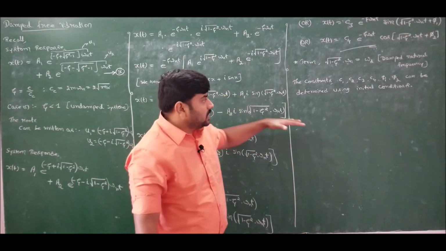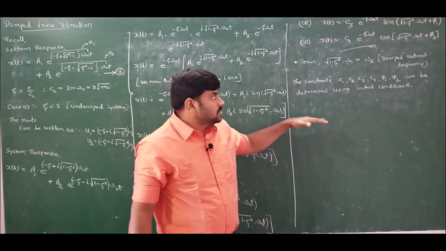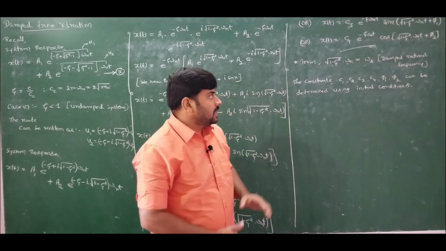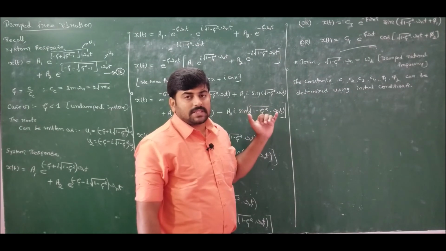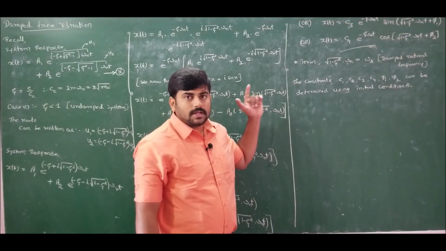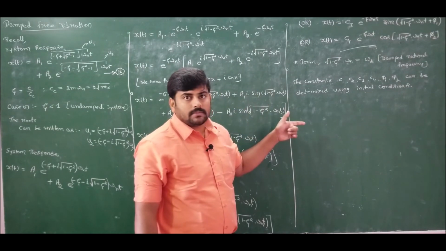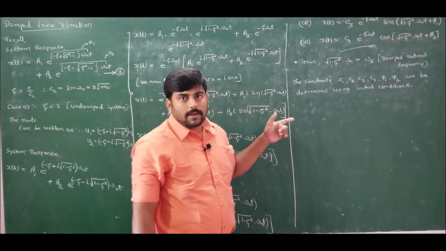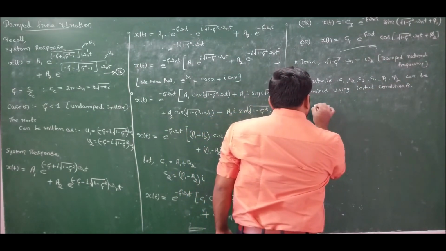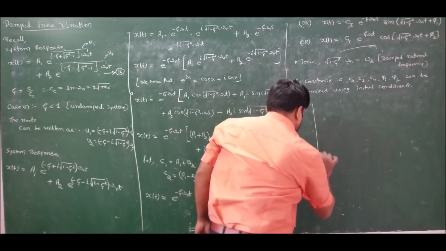Now I should plot the system response curve. Instead of plotting only the underdamped system response curve, let me recollect the expressions we have derived, that is the system response of overdamped system, critically damped system and underdamped system, and plot them in a single graph for better understanding.